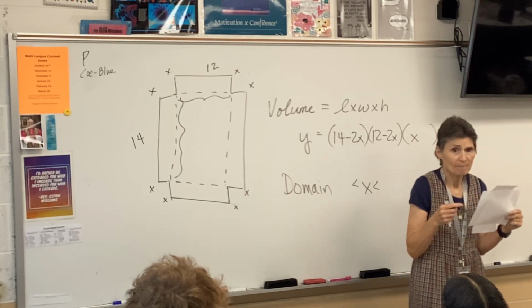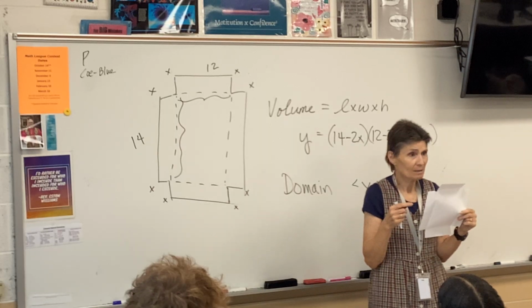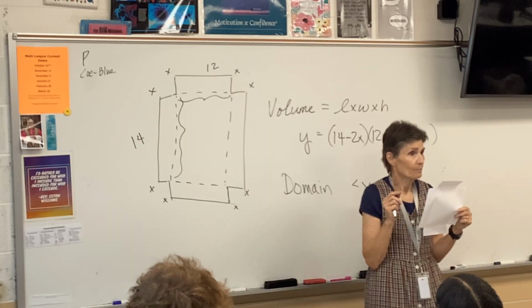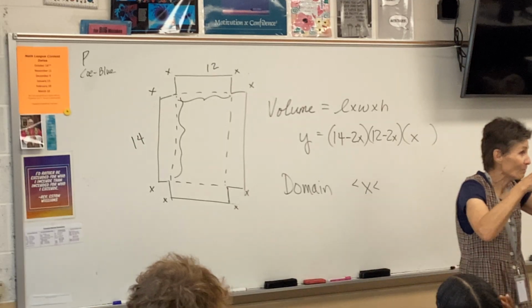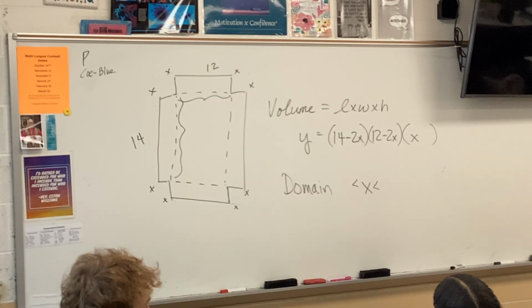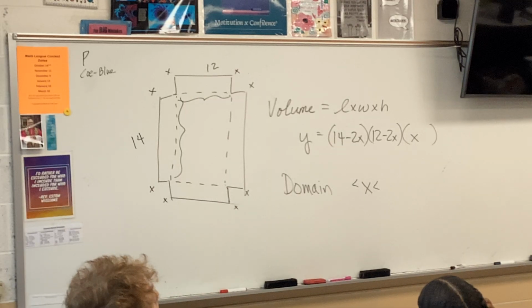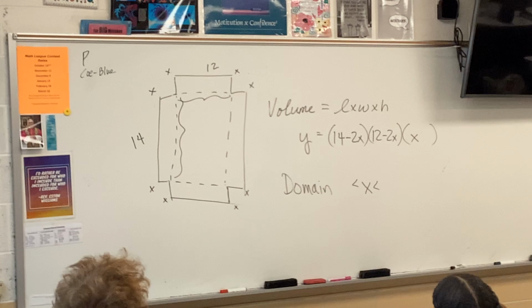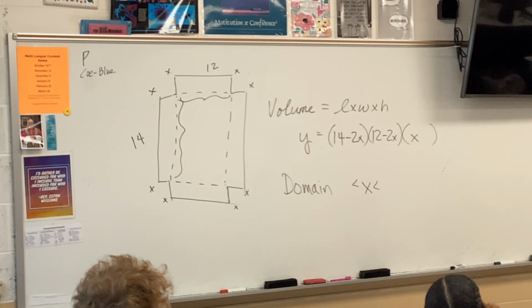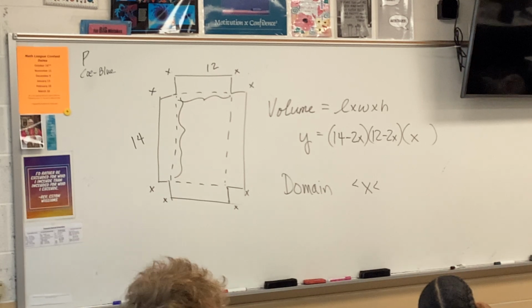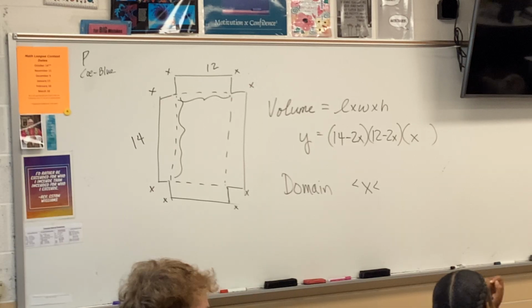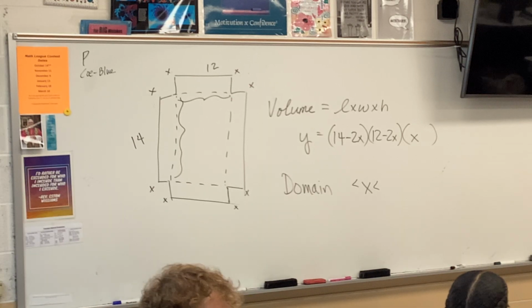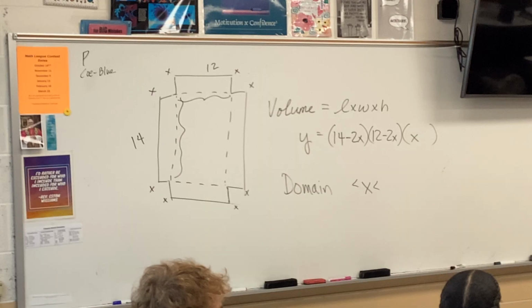Can it be 12? Actually, no, because remember, you're taking it off both sides. If it's only 12 total, and you have to take a piece off each side, then the biggest it could be is 6.